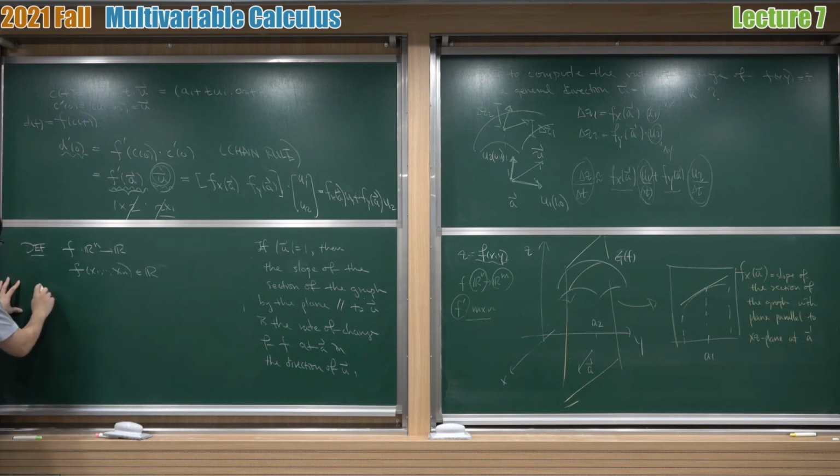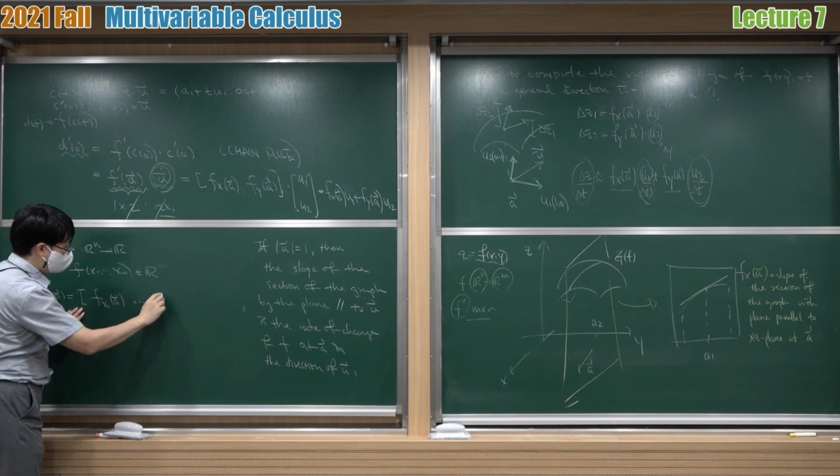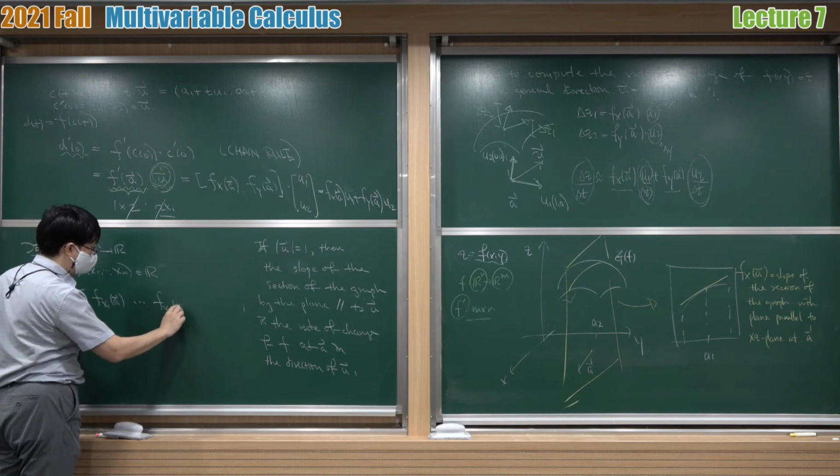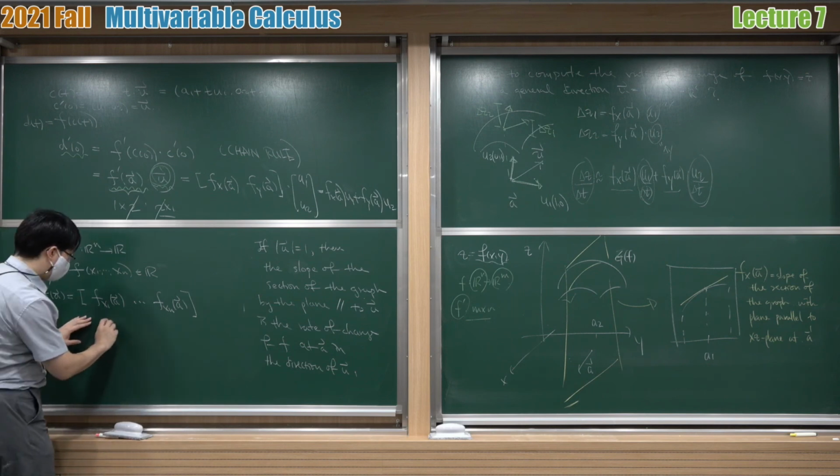If you think about the derivative, it's a 1 by n matrix: basically f_x1(a), ..., f_xn(a).